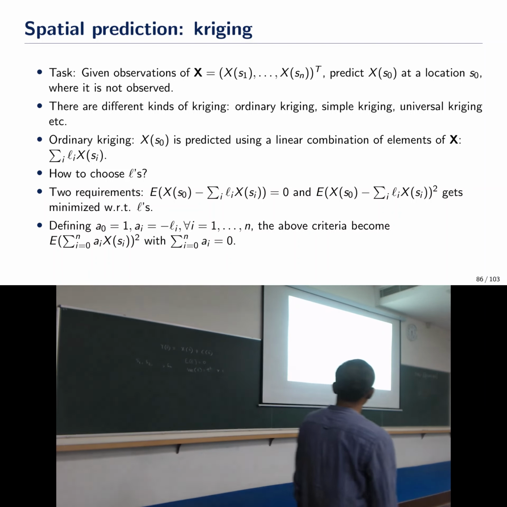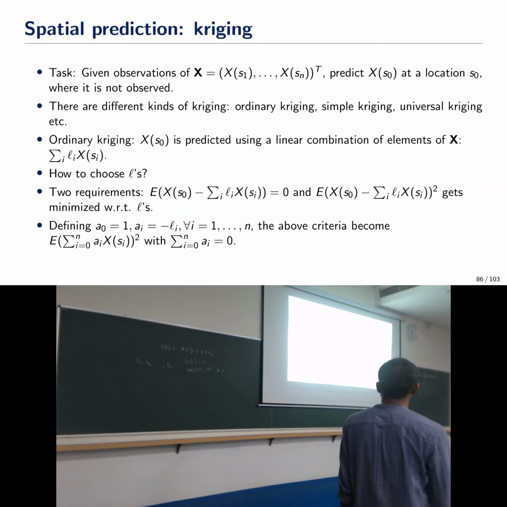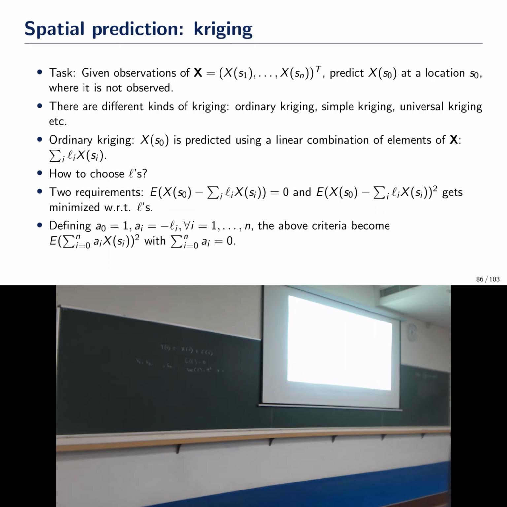Okay, so I just rewrite this a bit. I write a0 equal to 1 and ai equal to minus li. What you observe here is that the summation of ai has to be equal to 0 because of this condition that is required, right? Now you were trying to minimize this with this particular condition.